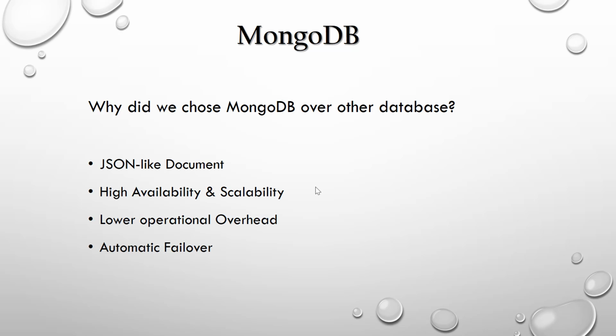Now I will talk about why we chose MongoDB over other databases. The first reason is that MongoDB uses JSON-like documents with a flexible schema, and it has high availability and scalability, so the data is split across multiple shards. The third reason is that it's cost efficient.